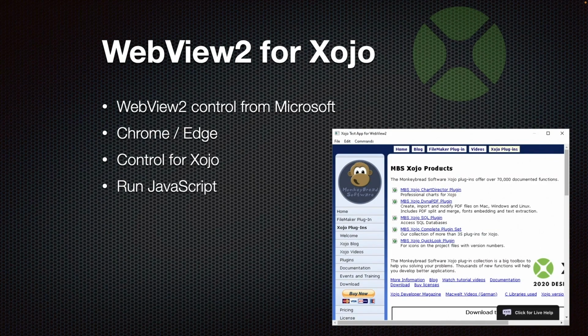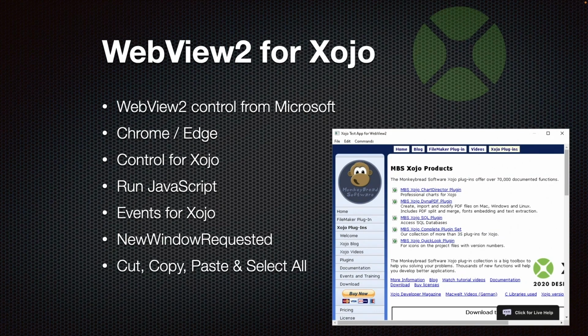You can run JavaScript as you need. We have a couple of events, so you can react if the page is, for example, finished loading, or you need to open a new window. And we have, of course, methods like cut, copy, paste, so you can control a little bit what you see on the website and, for example, query the HTML from the website.